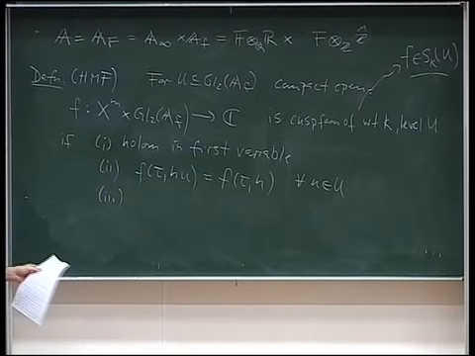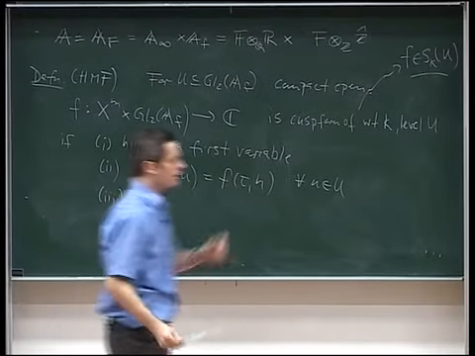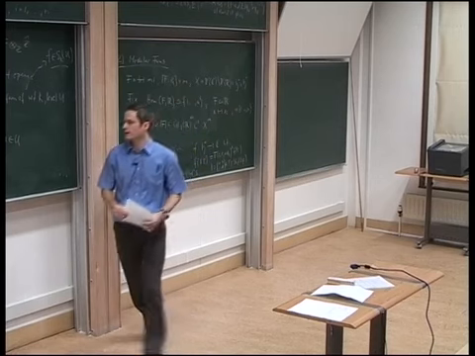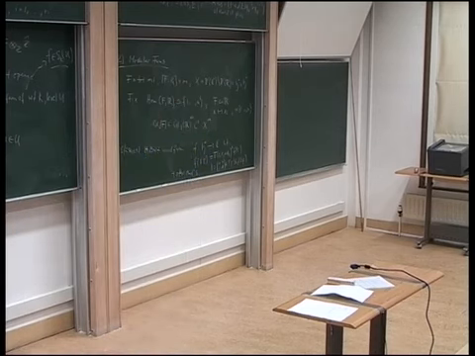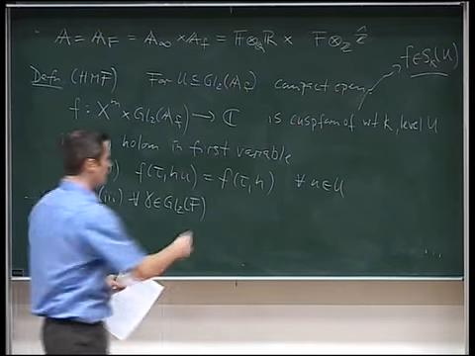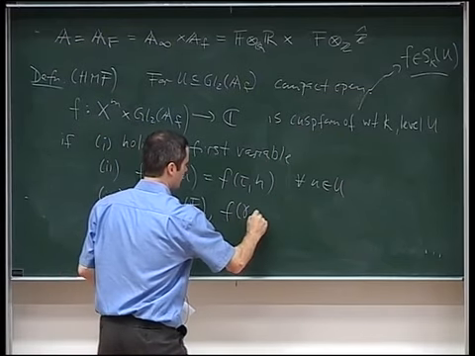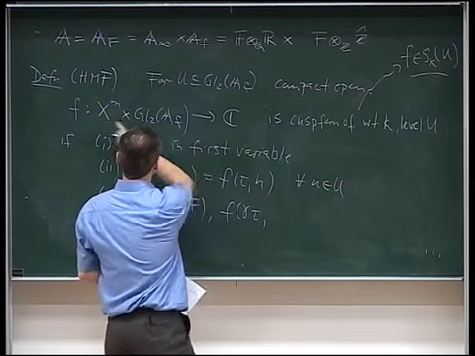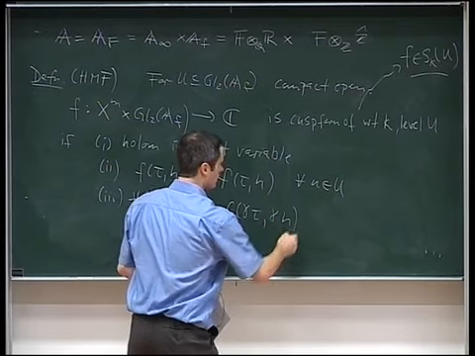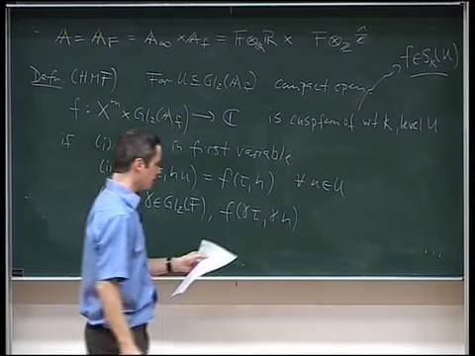And the corresponding automorphy property to the classical forms takes the following form. So for gamma in GL2(F), this can act now both on the first and the second variable.